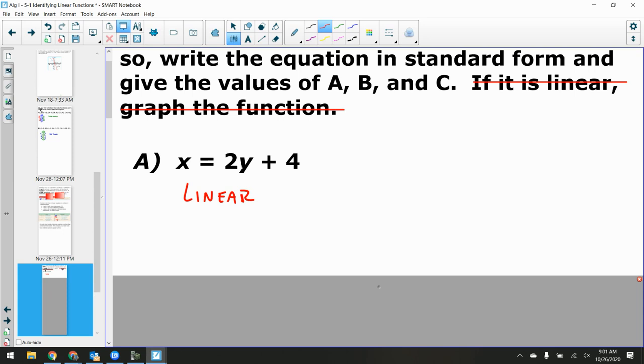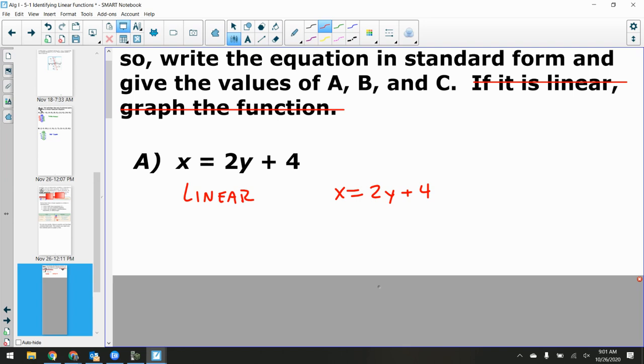So let's do that. It was x is equal to 2y plus 4. I need x and y on the left side. So I need to get this 2y over to the left side. How do I get it over to the left side? Subtract 2y.